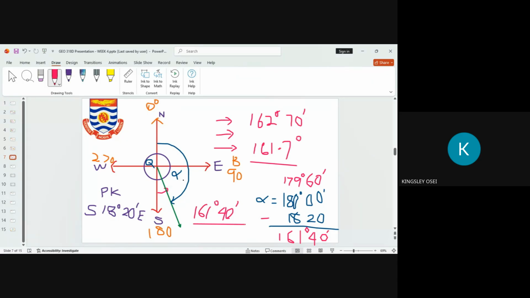Are there any questions before we end? Doc, in the exams where they give you two figures, as you gave us 18 degrees 20 minutes, and that of 8 and 9, do you need to illustrate it in different diagrams or one diagram?